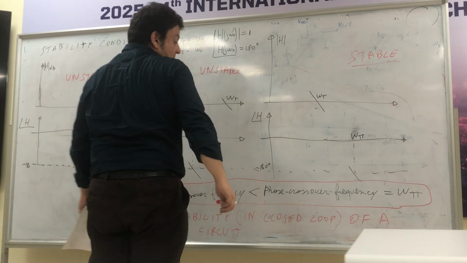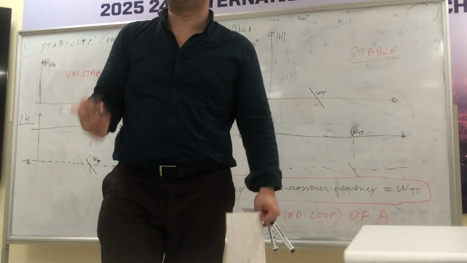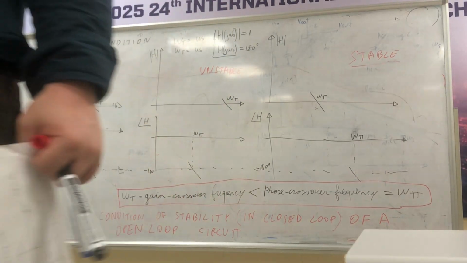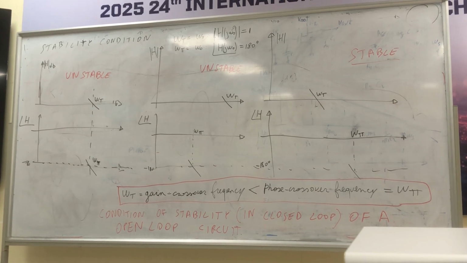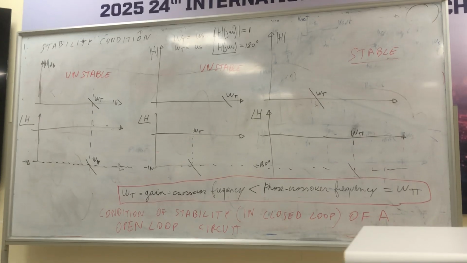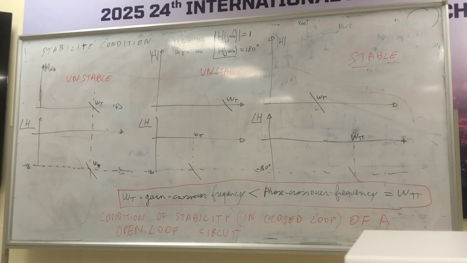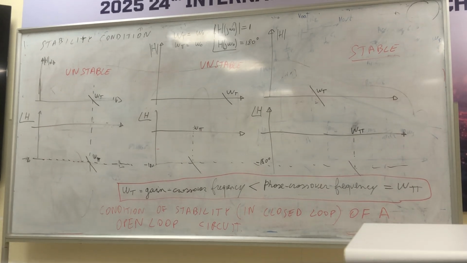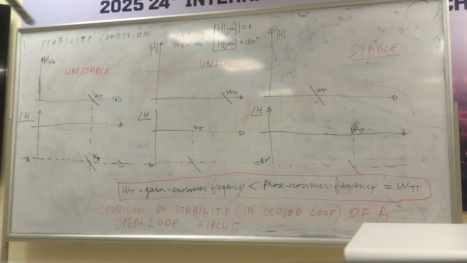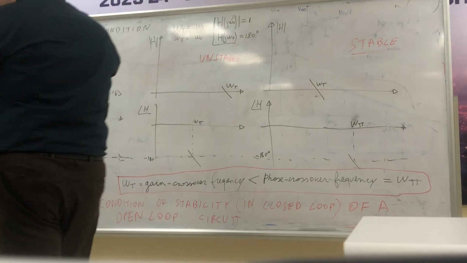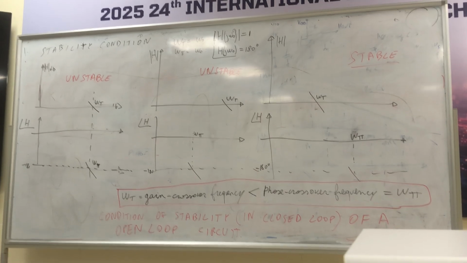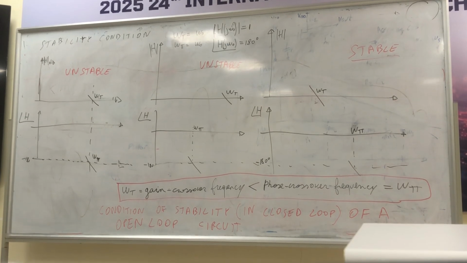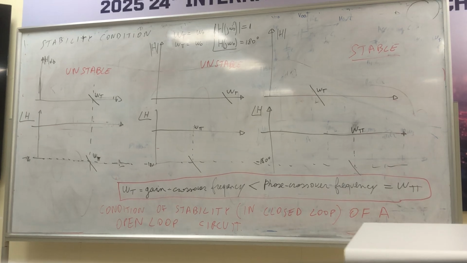What is remarkable is that we look at the open loop, the feed-forward network, to just find out how would be the stability of the feedback system. So these are the conditions of stability.